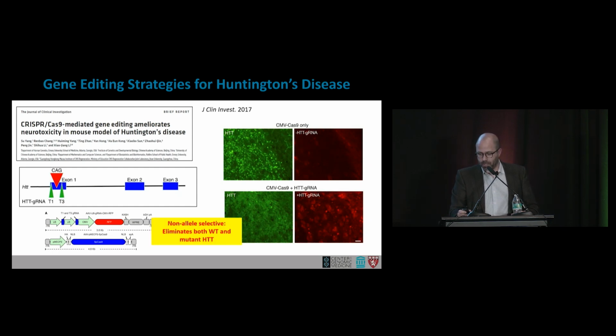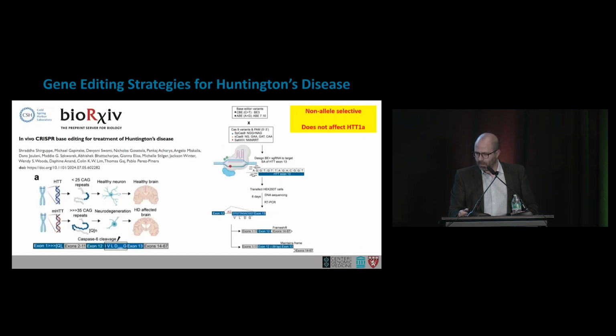But a problem here is that it's non-allele selective, so you will be knocking out both copies of the Huntingtin gene. You'll eliminate both the wild type and the mutant Huntingtin protein. And that goes to the discussion earlier this morning, which I won't get into.